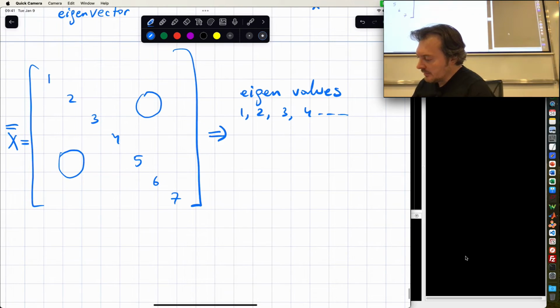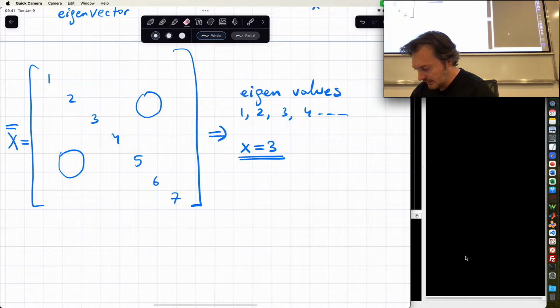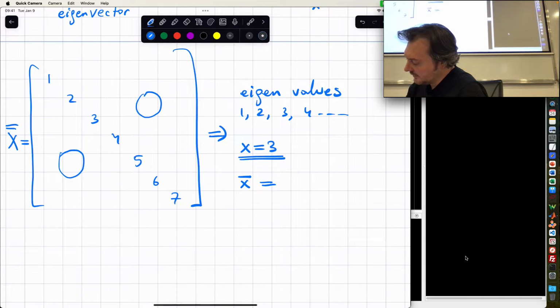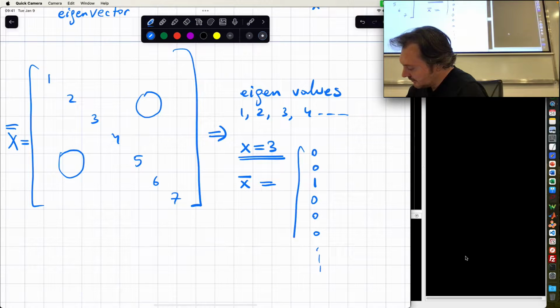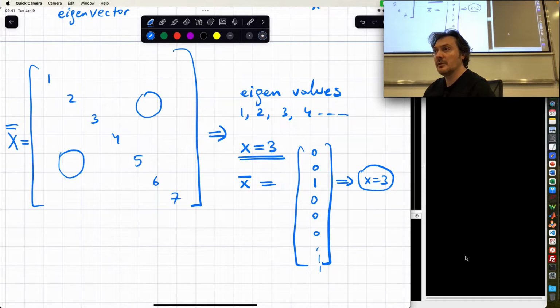Let me concentrate on eigenvalue x equals 3. For eigenvalue x equals 3, what do you think the eigenvector is? Very good. It is 0, 0, 1, 0, 0, 0, dot, dot, dot. Okay? Only the position where x equals 3 is 1, the rest is 0. Why?